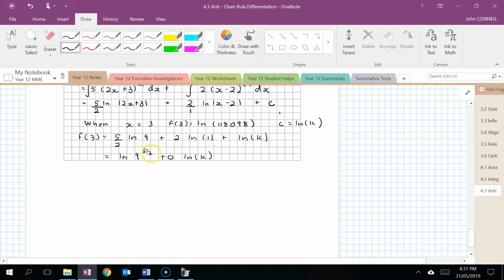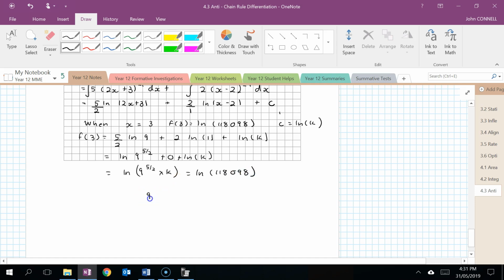Bringing this 5 on 2 up is going to help me bring these two ln's together. So I've got ln of 9 to the power of 5 on 2 plus ln k. So it'll be ln of 9 to the power of 5 on 2 times k. And that is equal to ln of 118098.